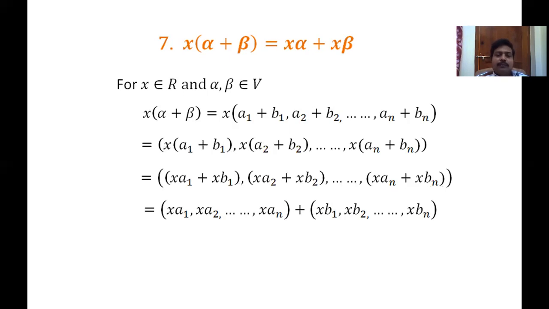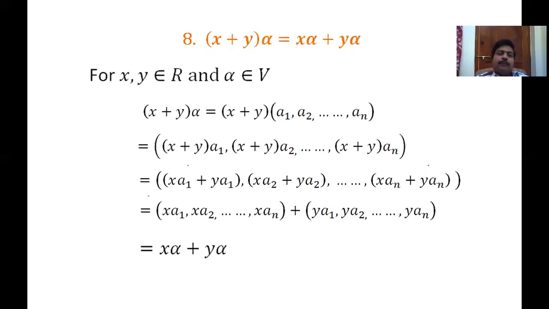Further, these vectors can be written as x times (a1, a2, and so on, an) plus x times (b1, b2, bn). So (a1, a2, an) is nothing but alpha, and (b1, b2, and so on, bn) is nothing but beta. So this is equal to x alpha plus x beta. From this we can conclude that x times (alpha plus beta) is equal to x alpha plus x beta. So the seventh axiom is also true.